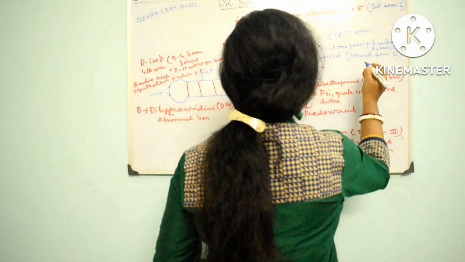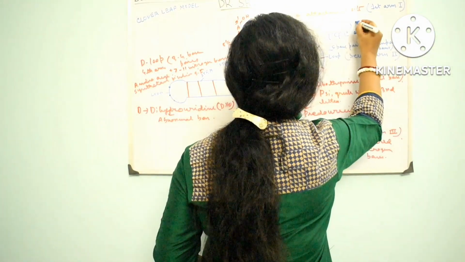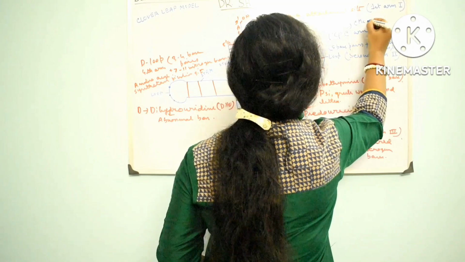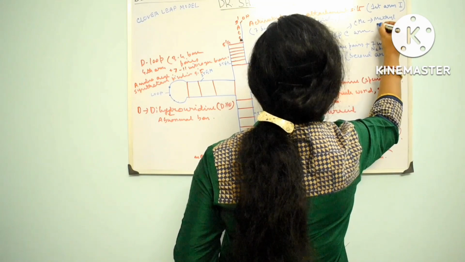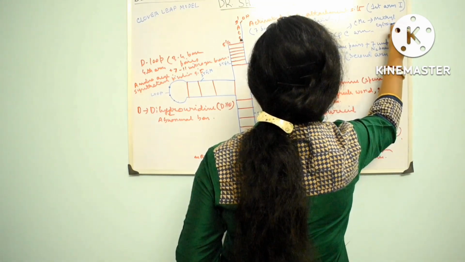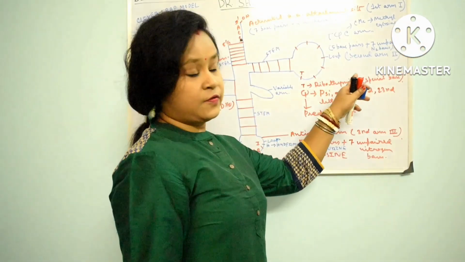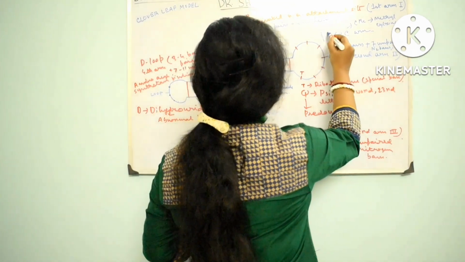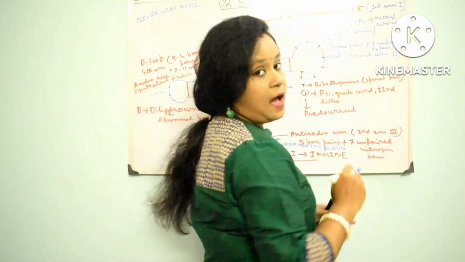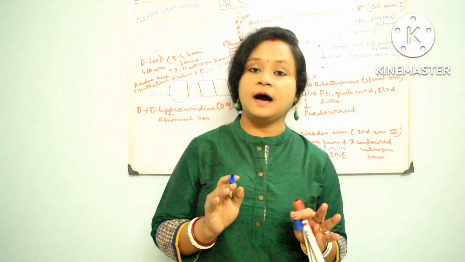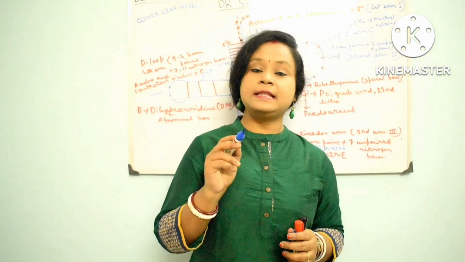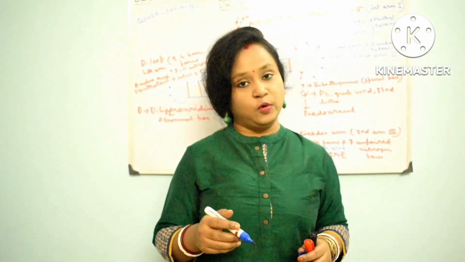This arm is also known as the T-Psi-C arm. Here C is also an abnormal base, methylcytosine. Clear? And what is the function of this arm? With the help of this arm, tRNA combines with the larger subunit of the ribosome.